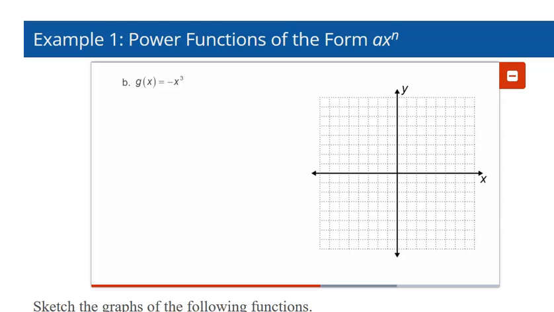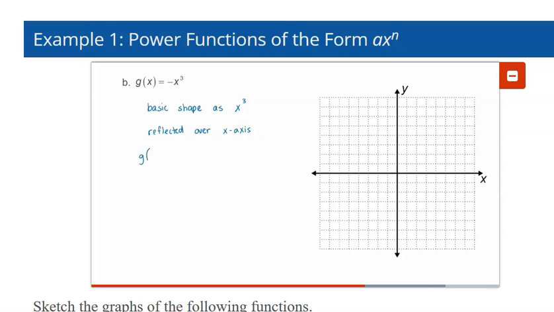Part B, g of x equals -x cubed. This graph will have the same basic shape as x cubed, but it will be reflected over the x-axis because of the negative sign in front. So to graph this, we first find a couple extra points.